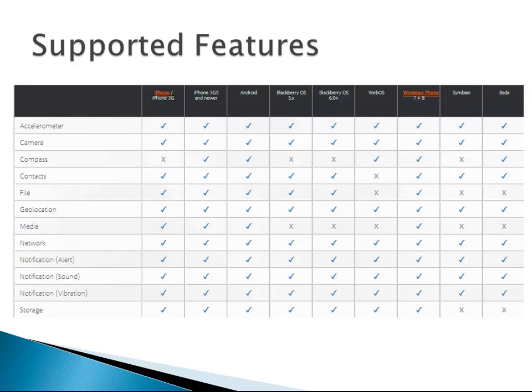So yeah, let's go over some of the supported features. These are features that normally would only be able to be accessed through a native app, but with PhoneGap we can use these features with HTML and JavaScript. So you can see we have the iPhones, the Android, BlackBerry, Windows Phone, and some of the less popular phones. The accelerometer can be used on all platforms. The camera can be used on all platforms. Compass is not on the iPhone 3G, but it is on the 3GS and newer.